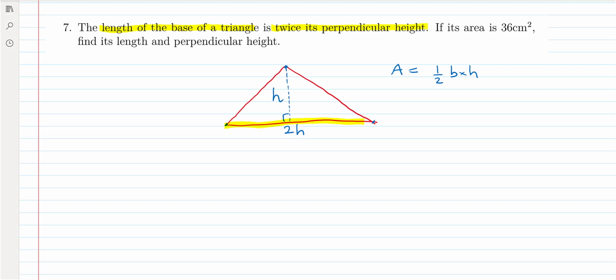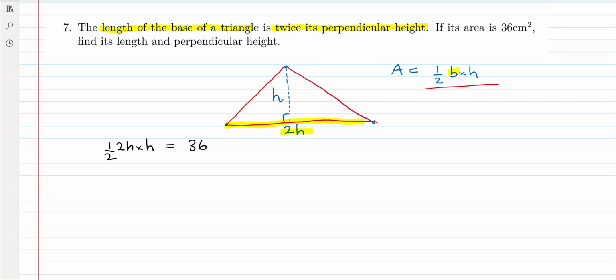According to our formula, the area is equal to half the base, so half of b. Our base is 2h, so we write 2h, times the perpendicular height, which is h, and we know that is equal to 36.